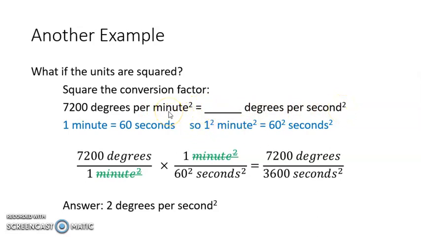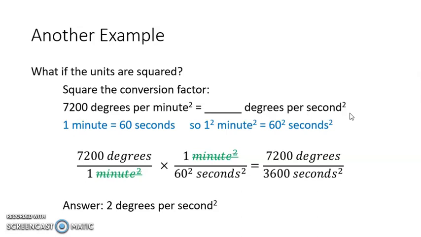So notice the units that are changing is that it's going to be minutes squared changing into seconds squared. So I found out how many seconds are in a minute. There are 60 seconds in a minute. Then I'm going to just square that conversion factor. So 1 squared minutes squared equals 60 squared seconds squared.